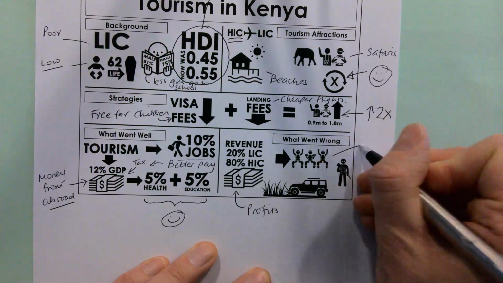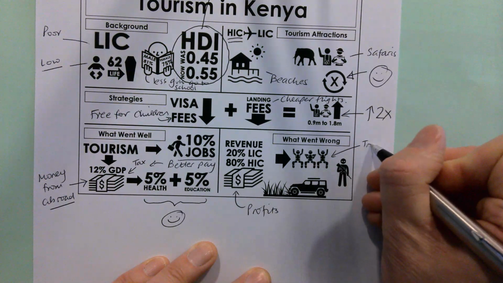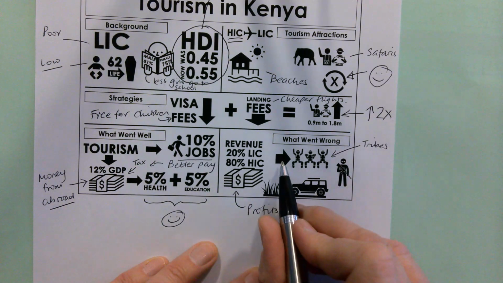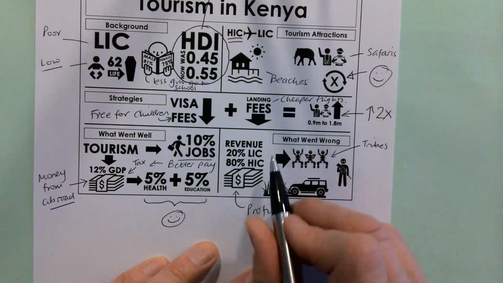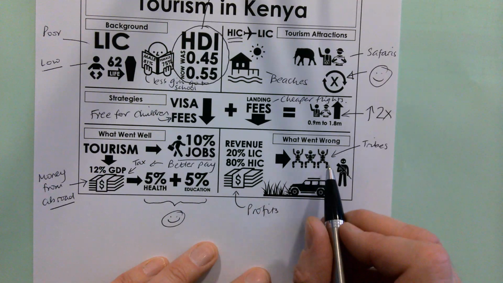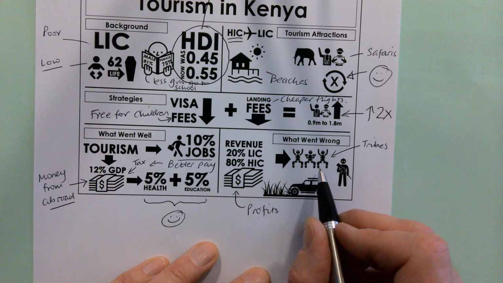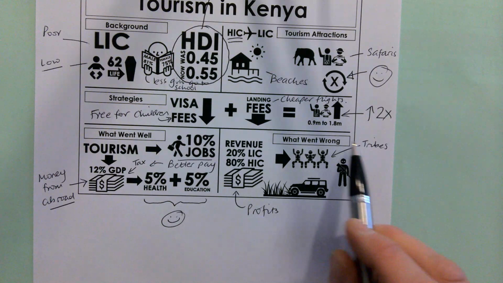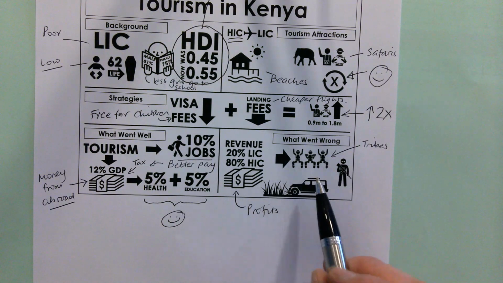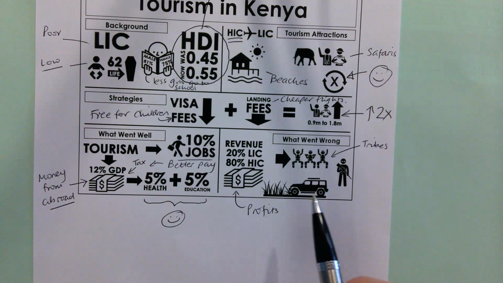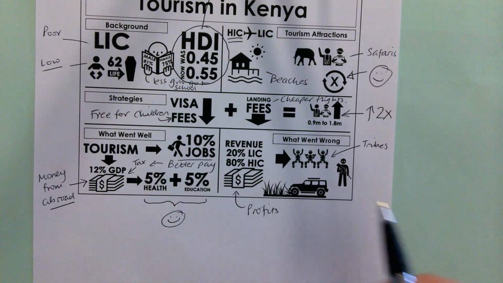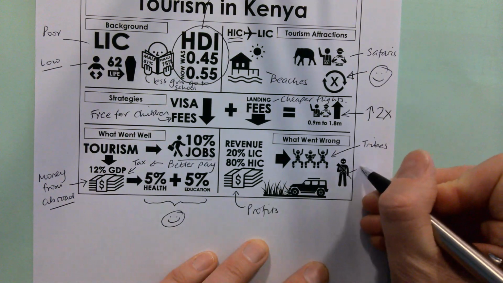Other things that happen because of this is tribes become exploited, they get moved off the land. This tribe here are being pushed away because the land is needed for more tourism-based things, so tribes are forced away. Sometimes they might be using the land as a giant, one big safari park, and having a tribe sort of doing their own thing on there doesn't fit with what the tourism companies want, so they will force the tribes off the land.